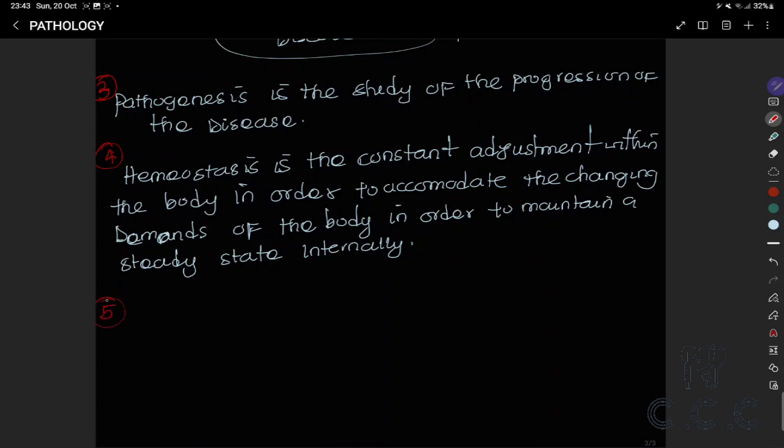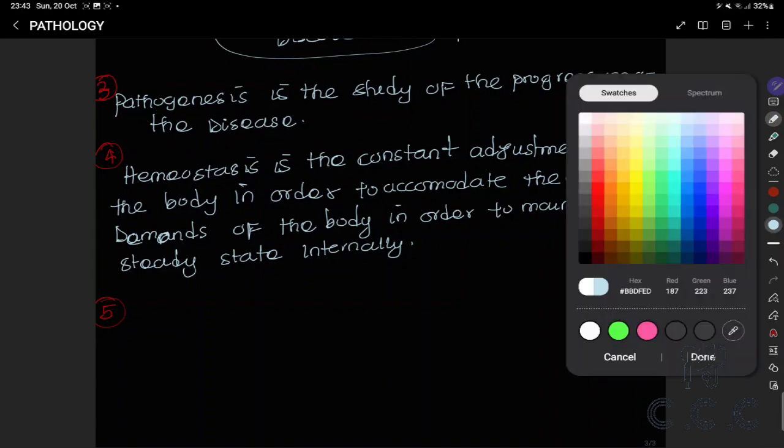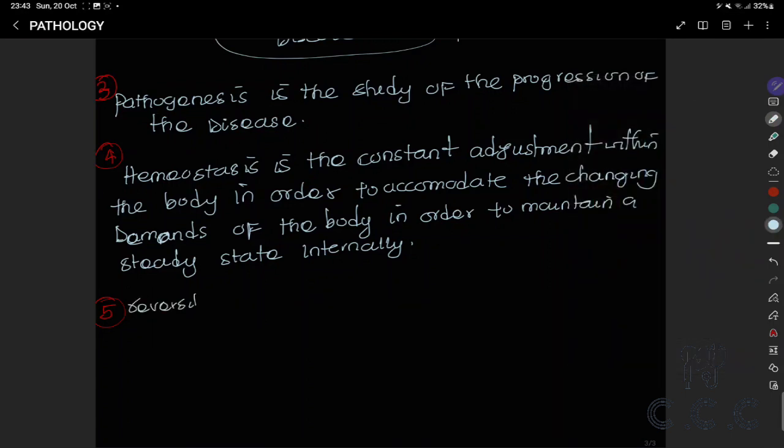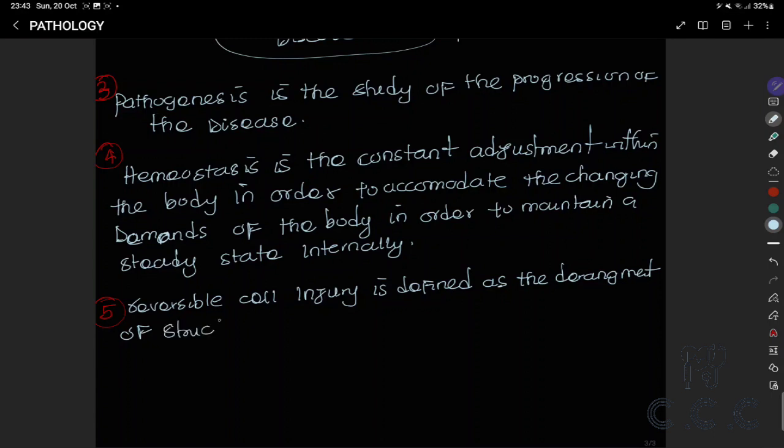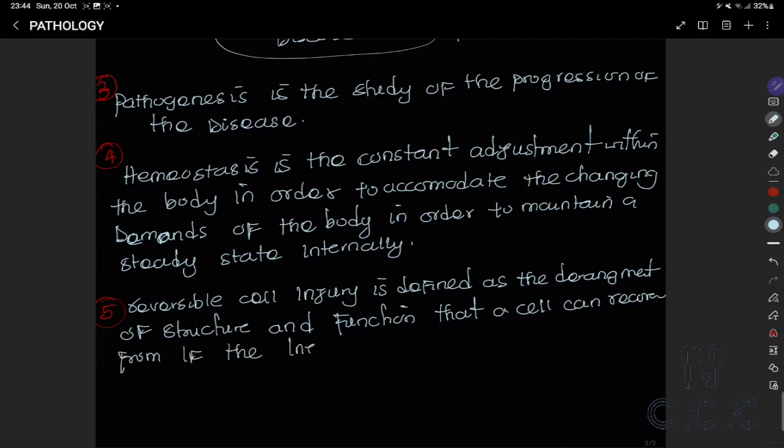So, reversible cell injury is defined as the derailment of structure and function that a cell can recover from if the injurious stimulus is removed.